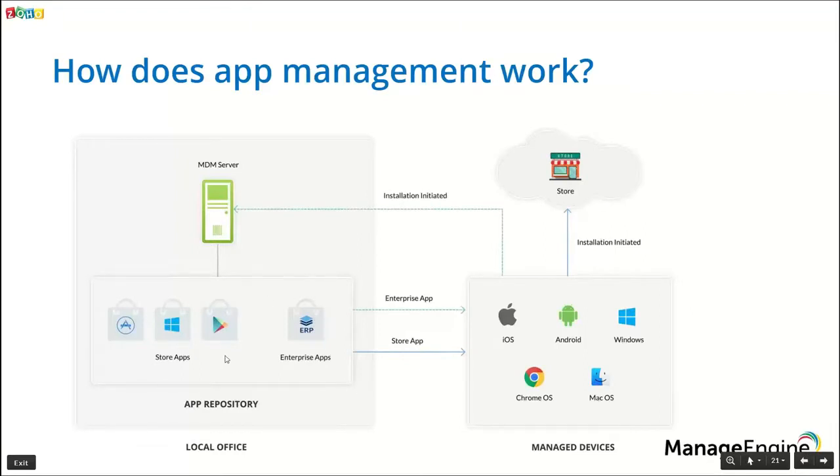Once the applications are added under the app repository and distributed to the devices, if it's a store app, the device will contact the corresponding store and get the application installed. If it is an enterprise app, the device will reach the MDM server back, get the application file and get it installed on the devices.